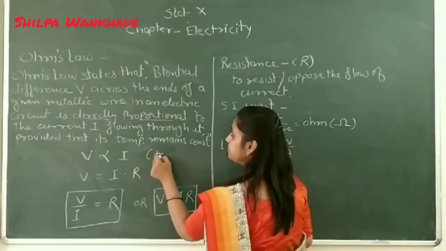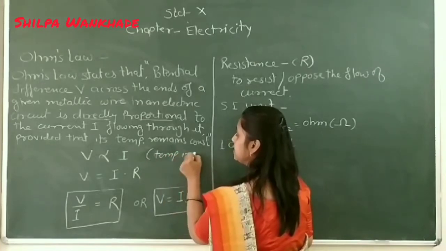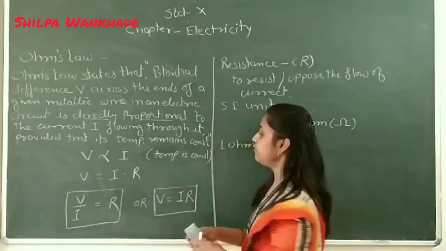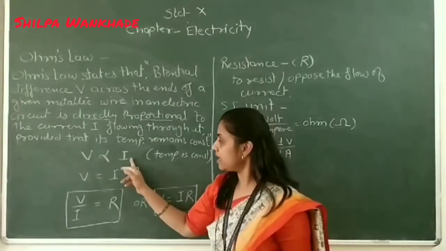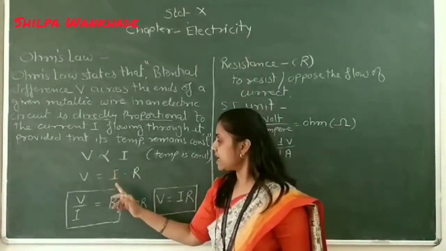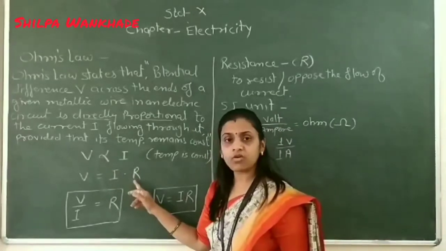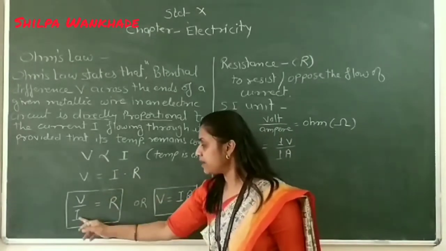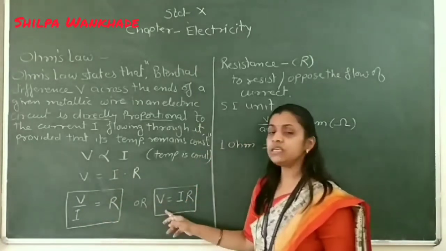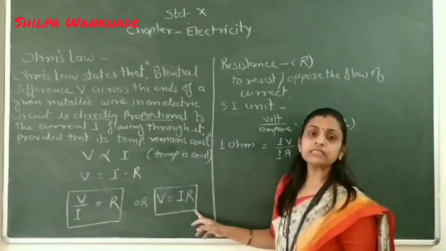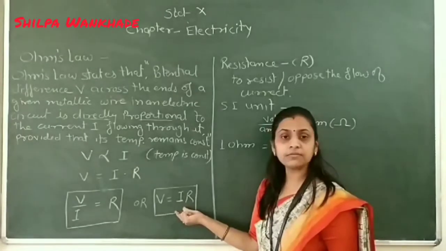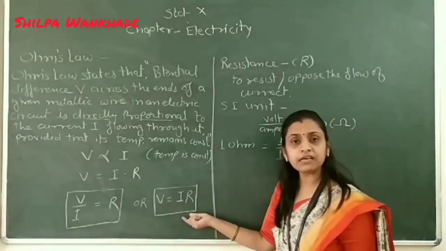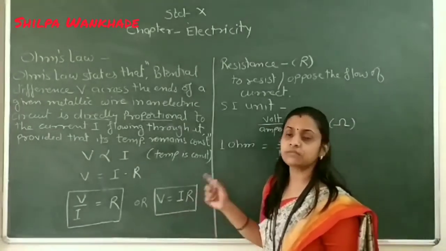Therefore the mathematical expression is V is directly proportional to I. Whenever we remove the proportionality sign, we have to take a constant, and that constant is R, and therefore V by I is equal to R, or V is equal to IR, is the mathematical expression for Ohm's law, where R is the constant of a given metallic wire at a given temperature.